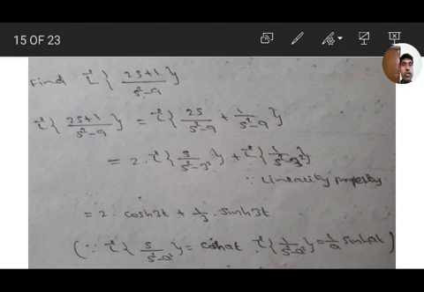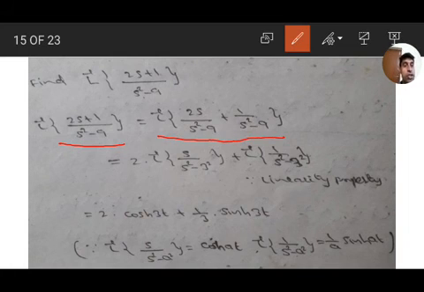Find the L inverse of (2s plus 1) by (s square minus 9). Here also, first divide: L inverse of 2s by (s square minus 9) plus 1 by (s square minus 9).